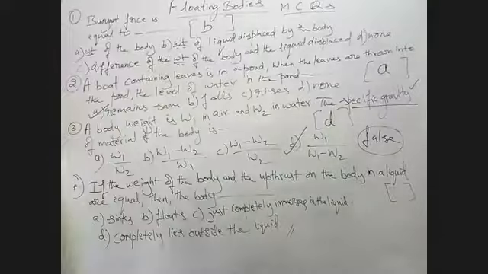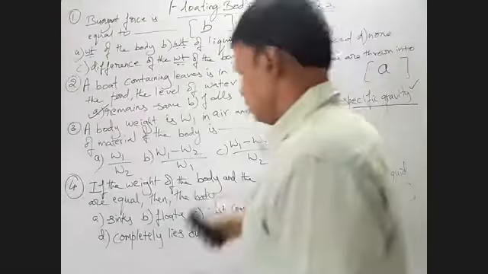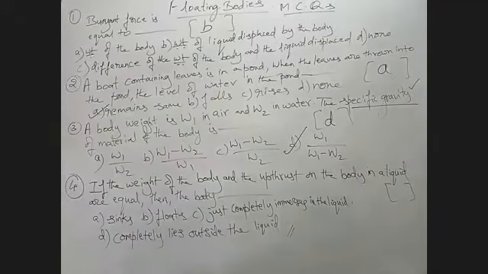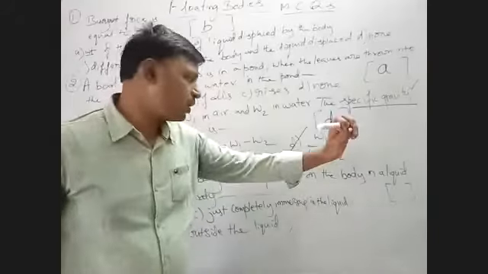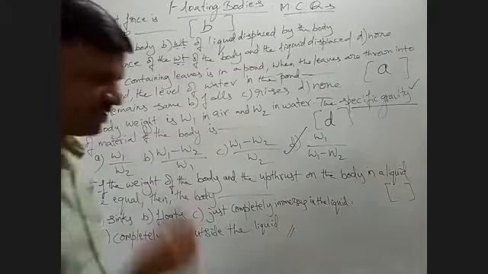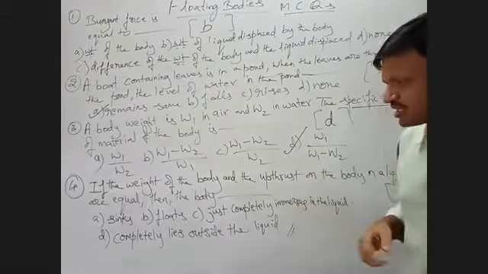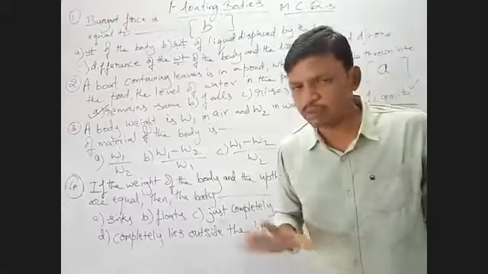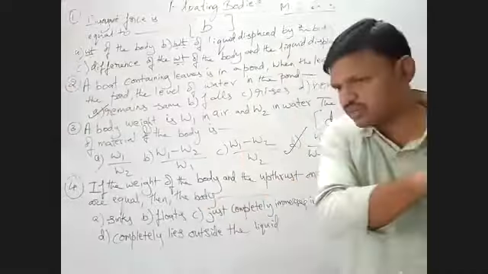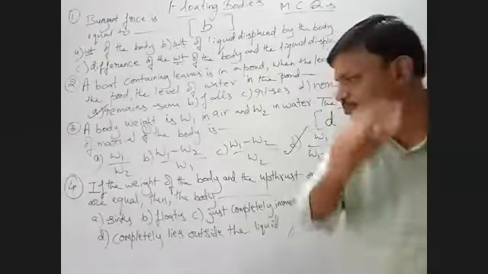Okay, then coming to the next question. If the weight of the body and the upthrust on the body in the liquid are equal, what happens to the body? Very nice question. Why I am saying very nice question: most people think that it will float. Of course it will float, but how it floats is important.